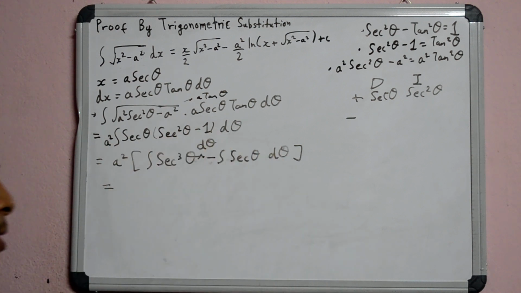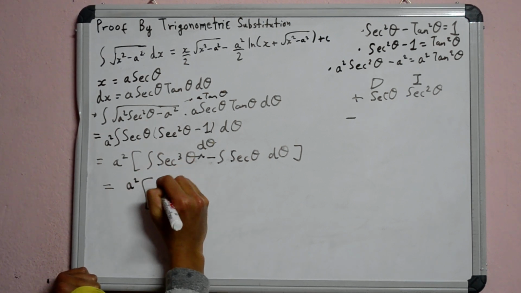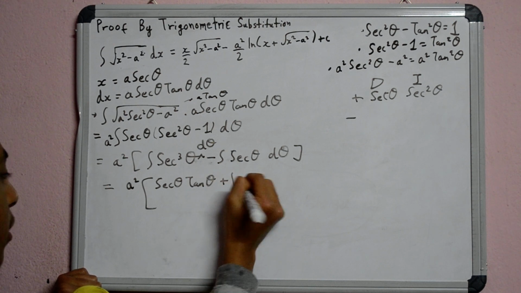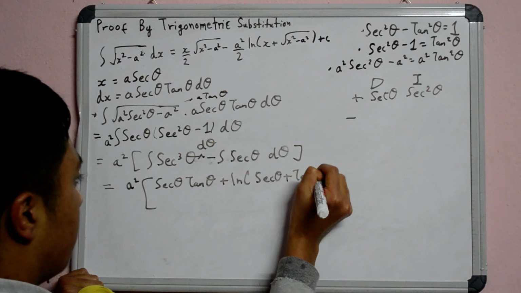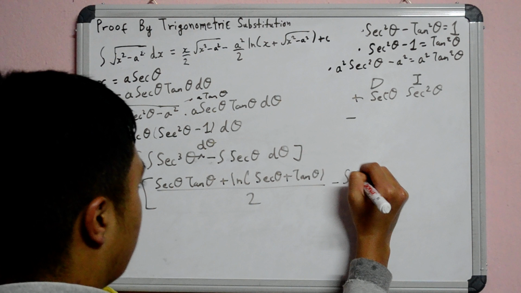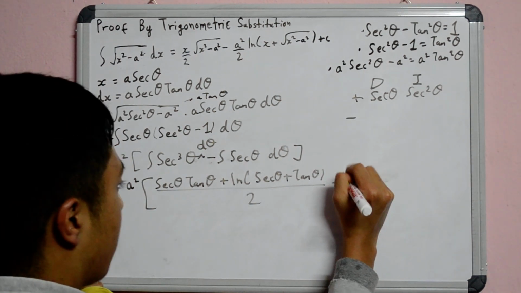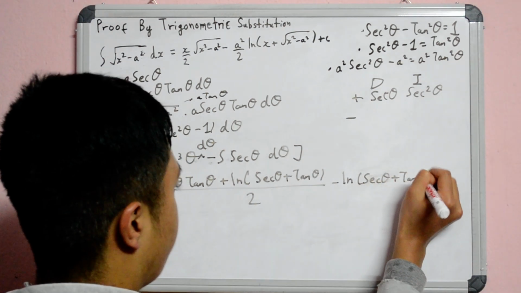That will be helpful, but for now I'll just write it directly. It's equal to sec theta tan theta plus log natural of sec theta plus tan theta, by 2, minus integration of sec theta d theta, which is just in fact log natural of sec theta plus tan theta.